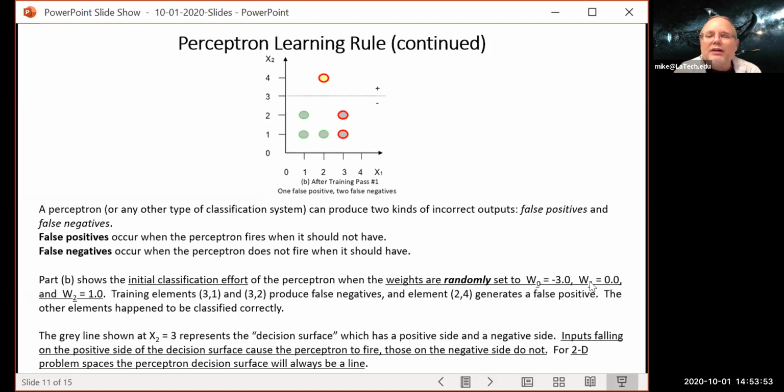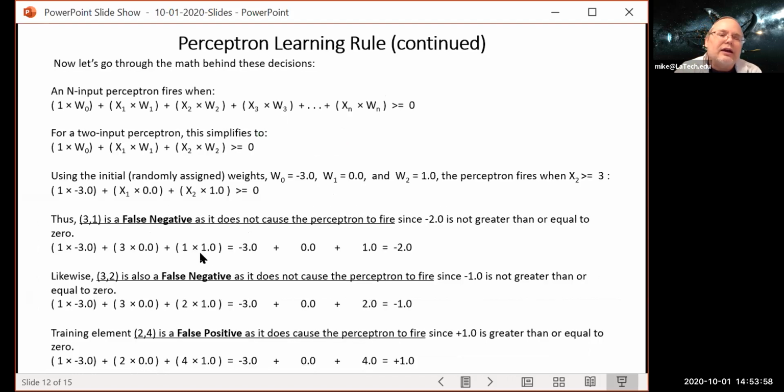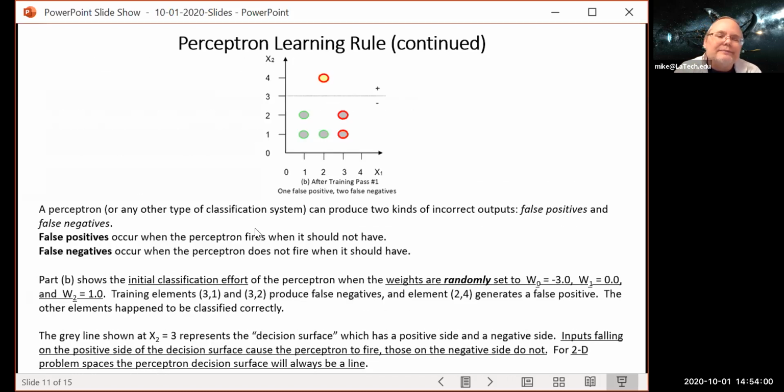So the weight 0 means ignore input x1, right? And w2 being 1 means, well, you'll just use whatever was the input for x2. So these are the randomly assigned weights. I could have chosen any weights in the world, so don't get hung up on where these numbers came from. They came from, you know, the ether. They're just randomly selected. They could be anything to start with, okay?